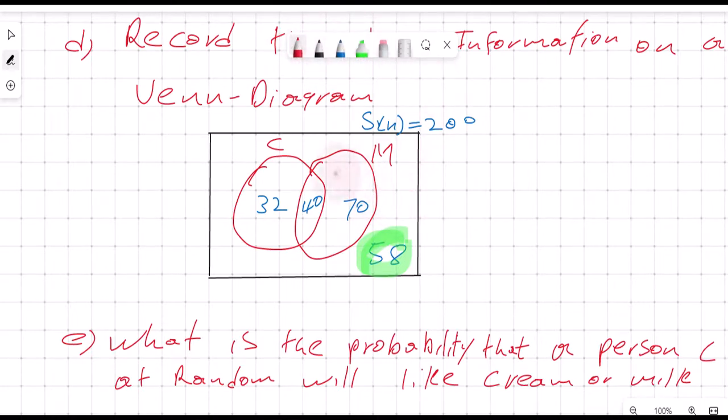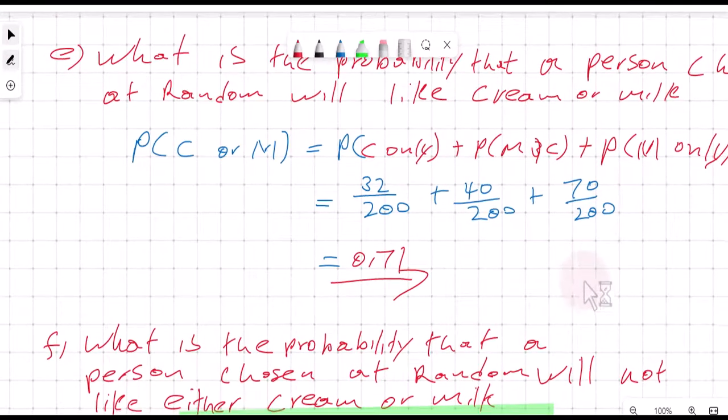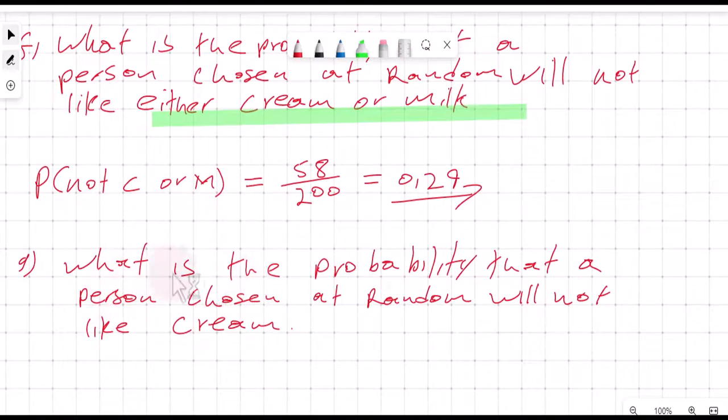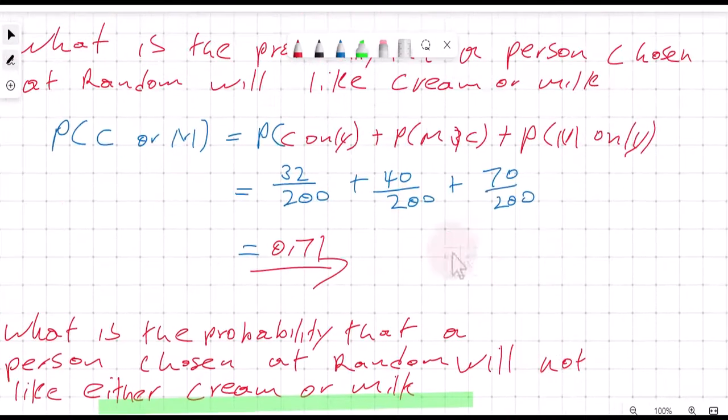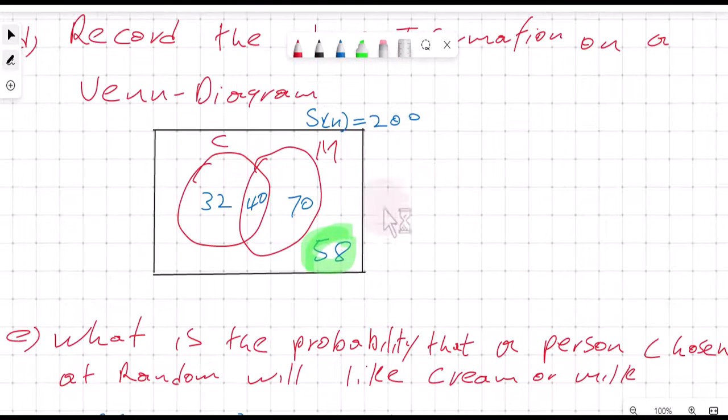Let's count the number of people who don't like cream. Let's look here on the Venn diagram. There are 7 who don't like cream, but they like milk. And then we have these 58 who don't like cream. All we care about is that they don't like cream. You see that?